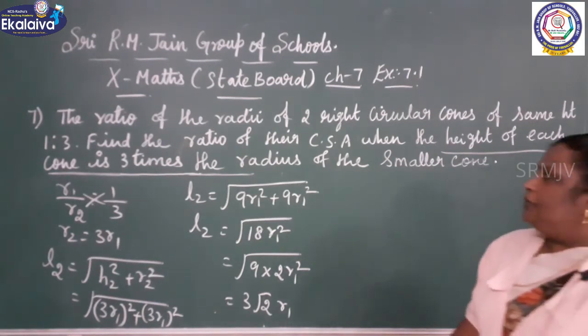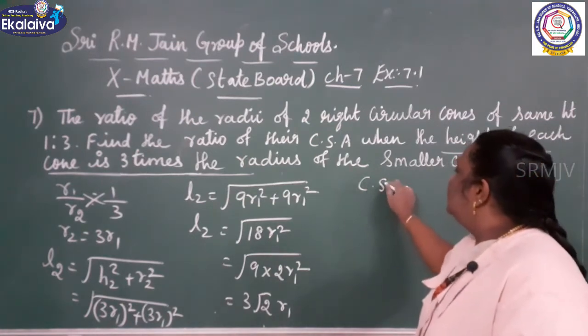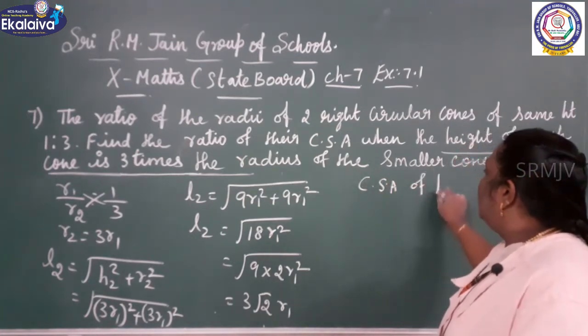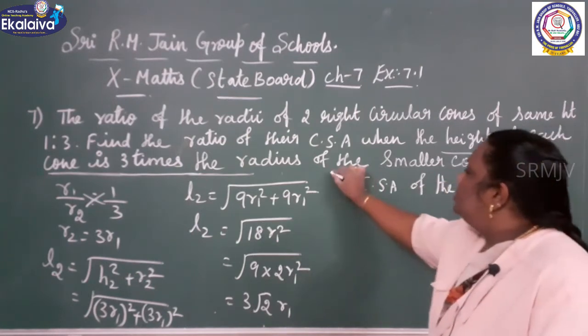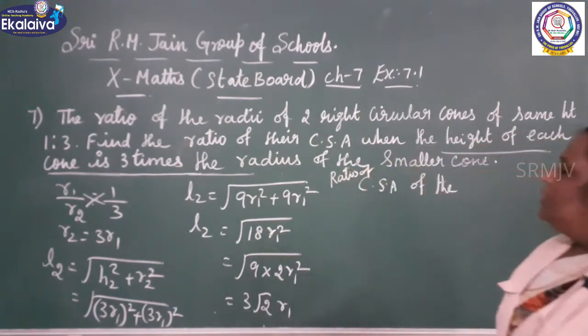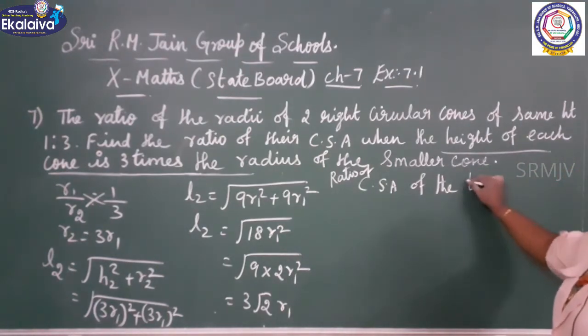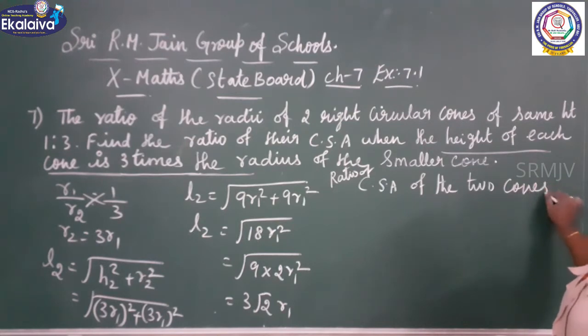Then the ratio of the curved surface area of the two cones. What is the formula for the curved surface area of the cone?